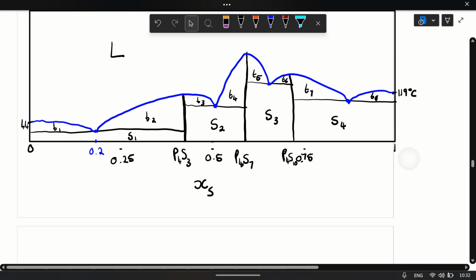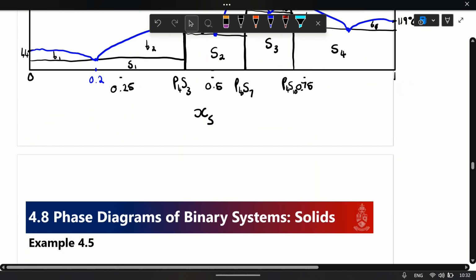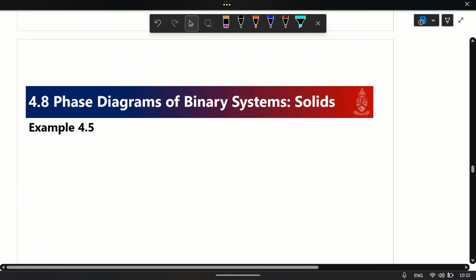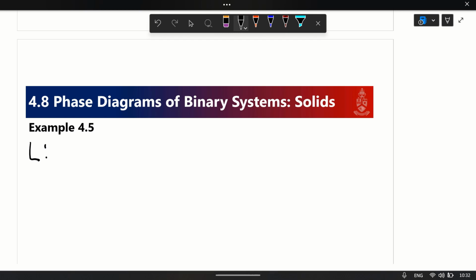Now, the more difficult part is figuring out what should be in all these phases. So at L, what do we expect in the liquid phase? Well, in the liquid phase, technically anything can be liquid. I mean, we have congruently melting points, so we can expect any liquid really.